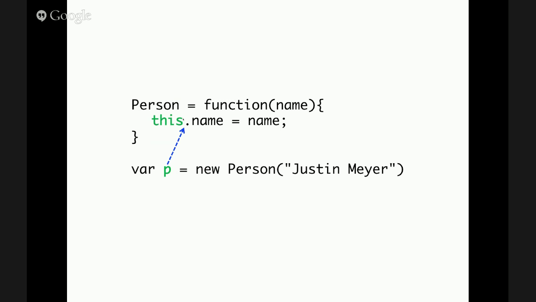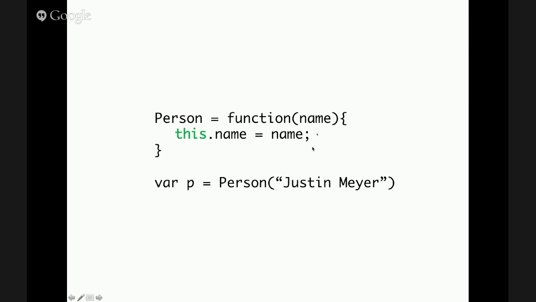However, just to hit the point home again, if I were not to call person with the new operator, this, in this case, is going to be the window. The reason is because whenever you call a function without new, without dot, this is always going to be the window.